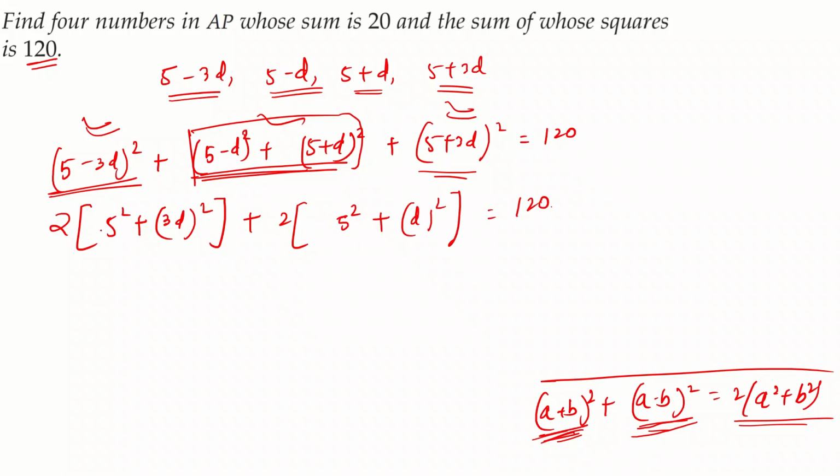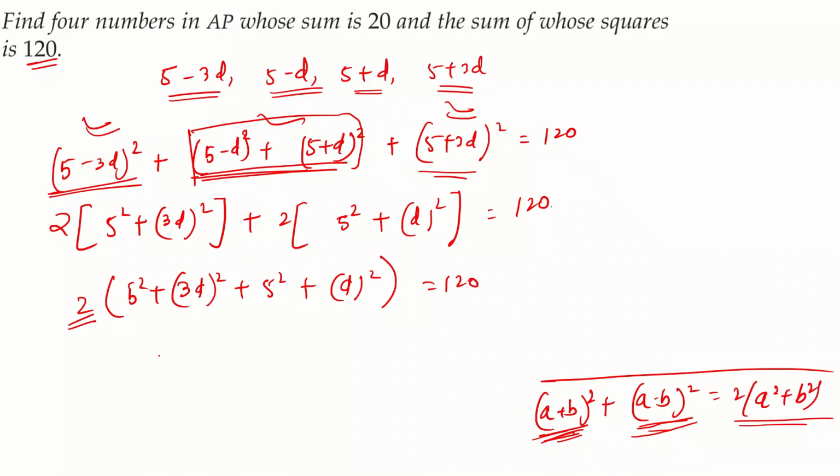You can take this 2 common entirely, so I get 2 times 5 squared plus 3D squared plus 5 squared plus D squared is equal to 120, and then you can take this 2 to the other side. It will just help you save a lot of calculations.